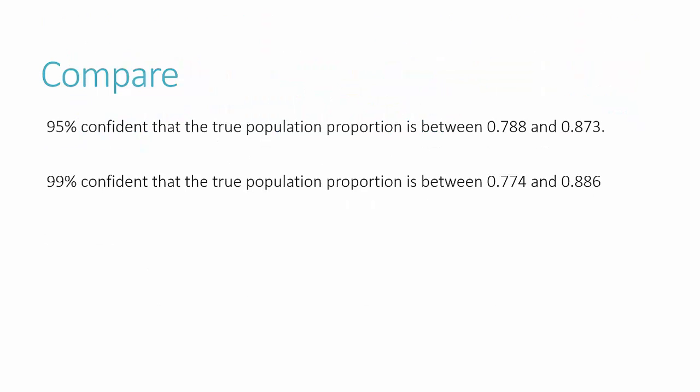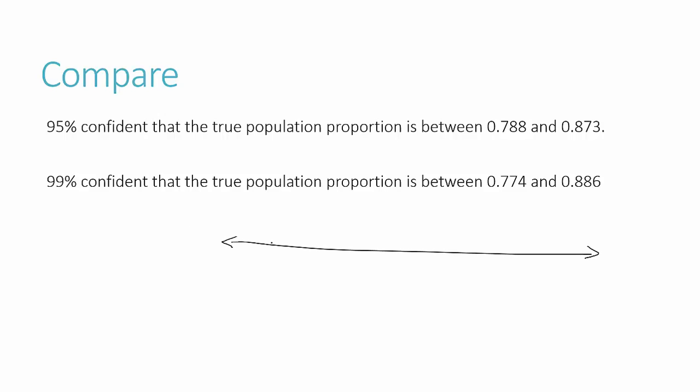Now let's compare our two confidence intervals. We were 95% confident that the true population proportion was between 0.788 and 0.873. And then we were 99% confident that the true population proportion is between 0.774 and 0.886. So I'm going to draw just a little number line here.